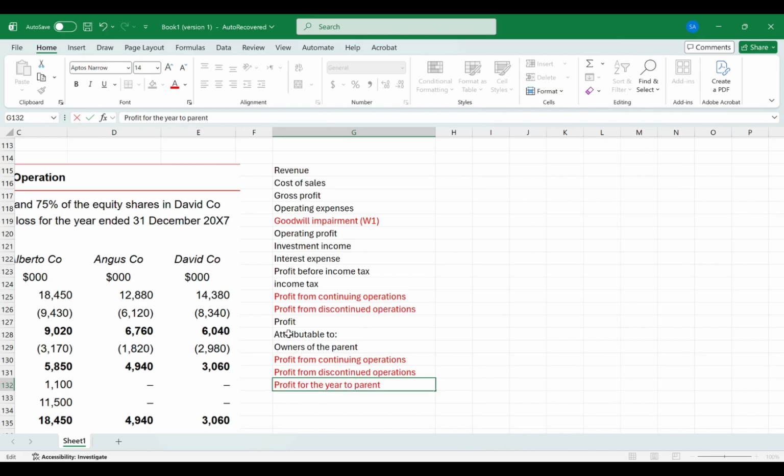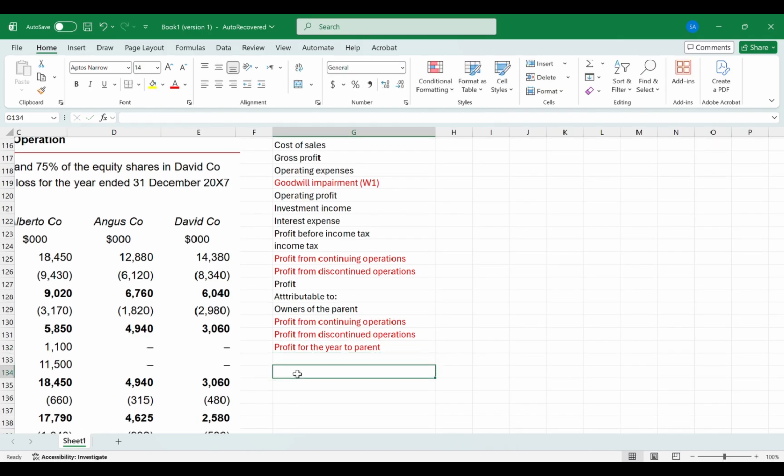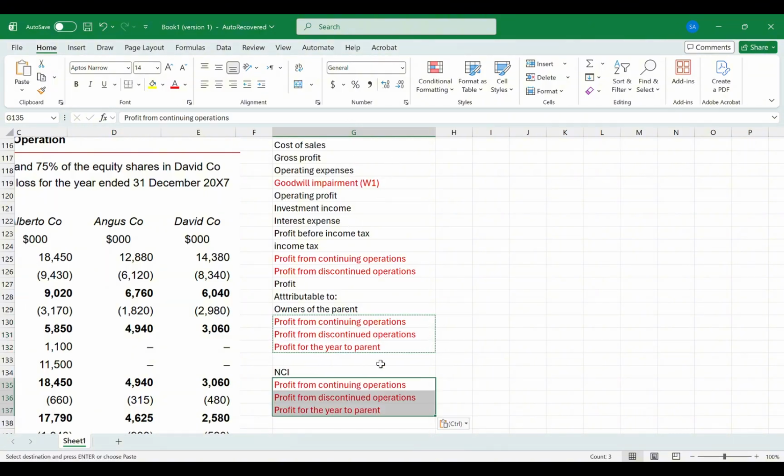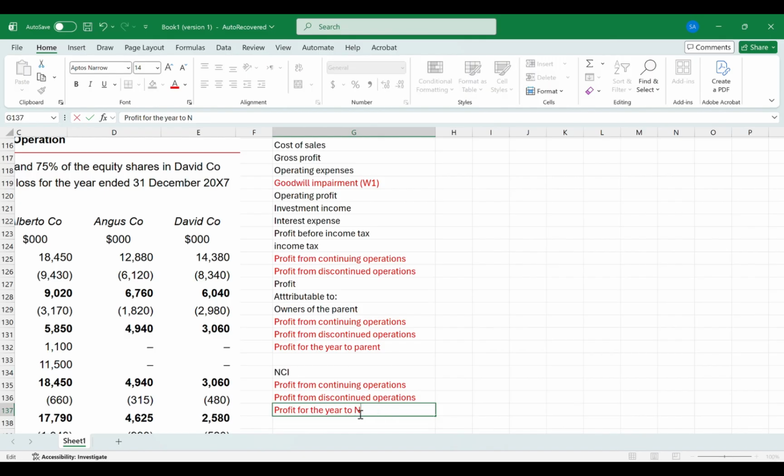Okay, I'm just writing the short form. Then we have NCI, non-controlling interest. NCI also just three things: from continuing, discontinuing, and profit that goes to NCI.